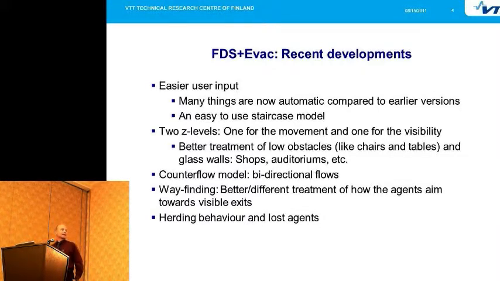That's now better for visible exits. And then you have some behavior added to the model, how people choose which exit they will go to. So some herding behavior, and then you can have lost agents. If they don't know where to go, they try to see where other people are going and just follow.